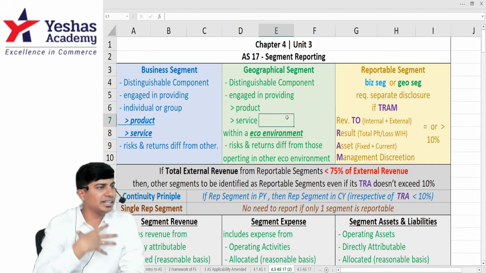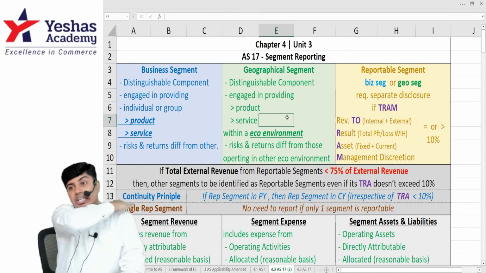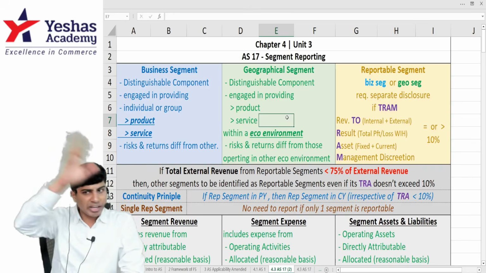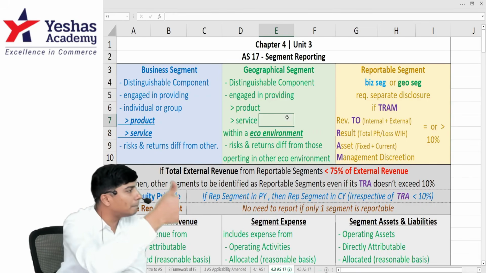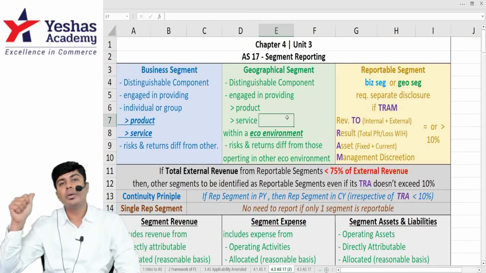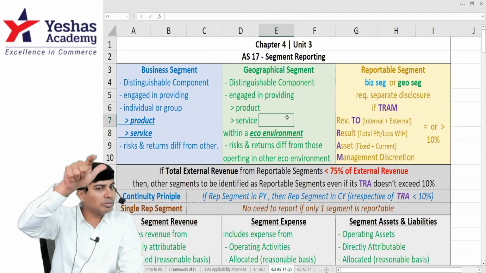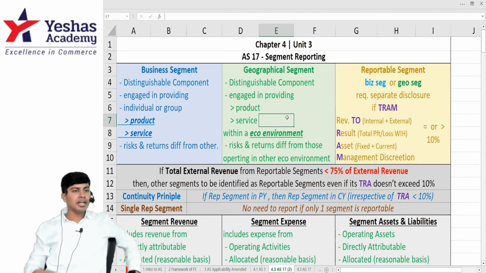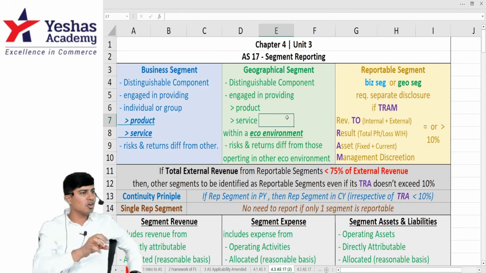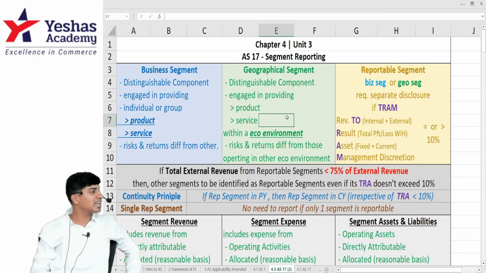So an entity which is preparing its financial statements can decide to divide its entire financial statements into segments. Option number one, based on business. Option number two, based on geography. If Yeshas Academy divides its P&L statement into how much revenue from foundation, how much from inter, how much from final, then it is a business segment.